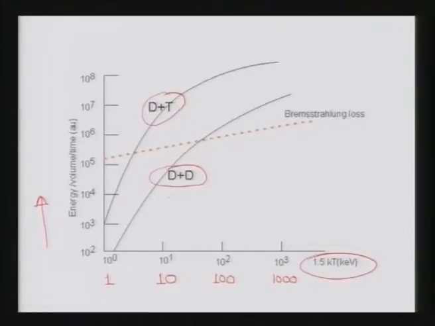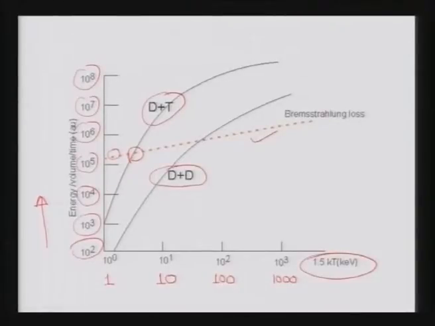And the Bremsstrahlung loss is plotted here in this dotted line, and this y axis is also in log. So, it is energy per unit volume per unit time, again it is 10 to the power 2 here, 10 to the power 3 here, 4. On this log scale, this Bremsstrahlung loss is almost linear. And now you can see that for low energies, lower temperatures, the loss is larger and the production is small, and this is the crossover.